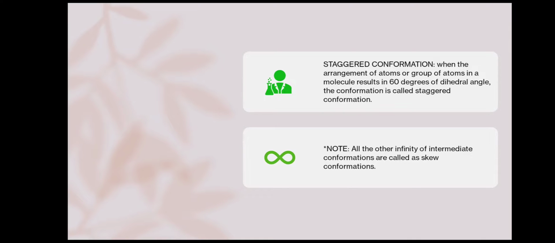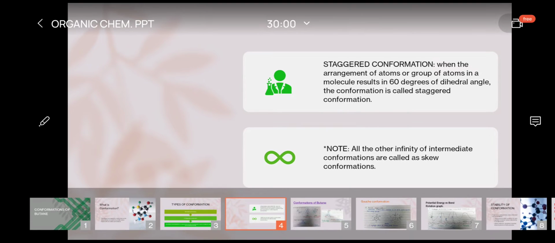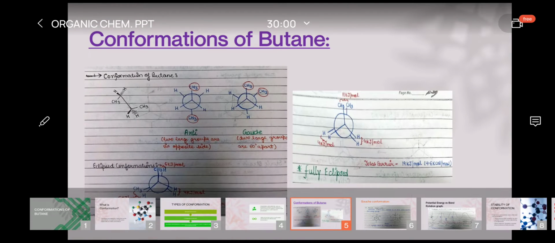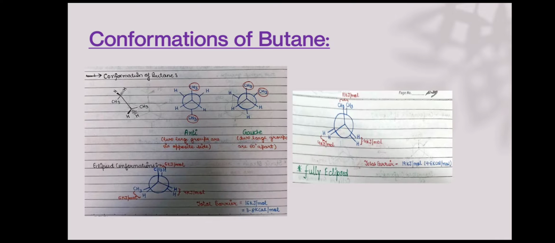Next, staggered conformation means that the arrangement of atoms or groups of atoms in a molecule results in a 60 degree dihedral angle. Firstly, what we are seeing is the Sawhorse projection of the butane molecule.